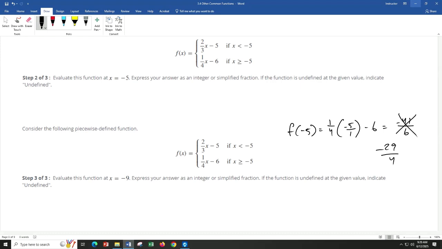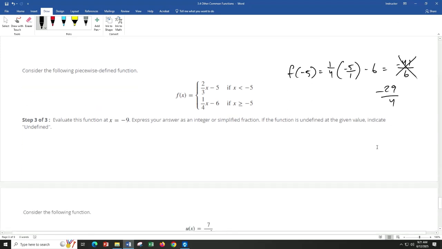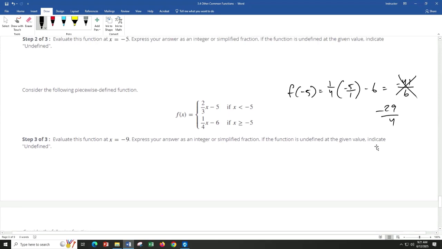How about the next one? Evaluate this function at -9. And what are we gonna get? Which one am I using? Top or bottom? Top. If x is less than -5, remember -9 is less than -5, okay?